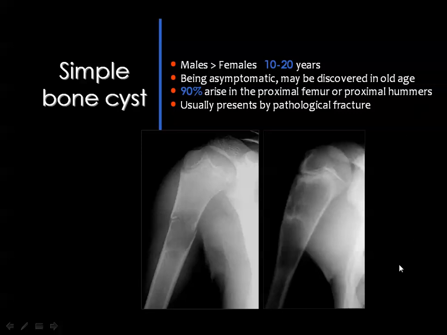So if you see an expanding lesion in these two sites, the first possibility will be a simple bone cyst. The only thing to support your diagnosis is to confirm that this cyst is a single cavity. Sometimes in the x-rays there is a pathological fracture, and one of the bone fragments will sediment at the dependent part of the cyst, indicating that this is a unilocular cystic lesion.